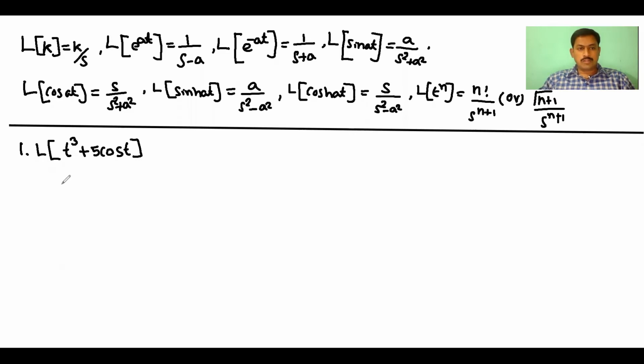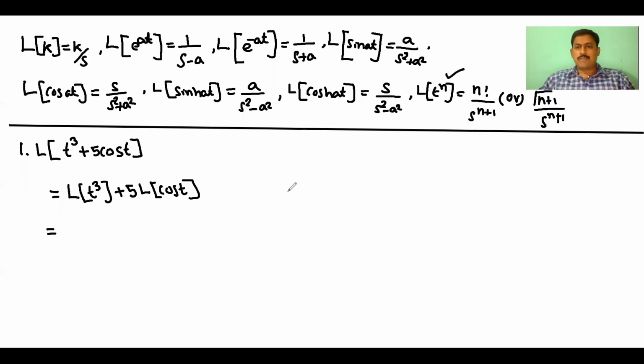To solve this using the linearity property, I am going to apply the Laplace transform to the functions. That is equal to L of t cube plus 5, a constant, take it out, L of cos t. Now we know the formula by seeing the terms here.